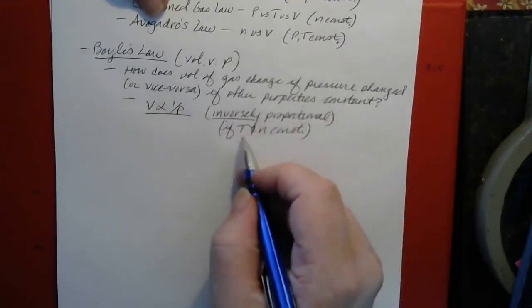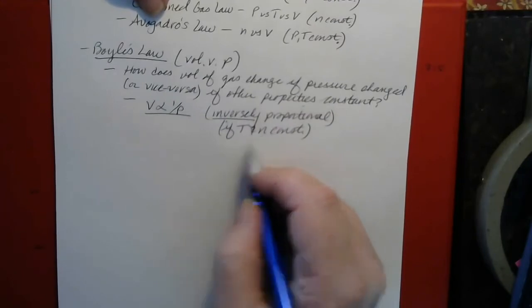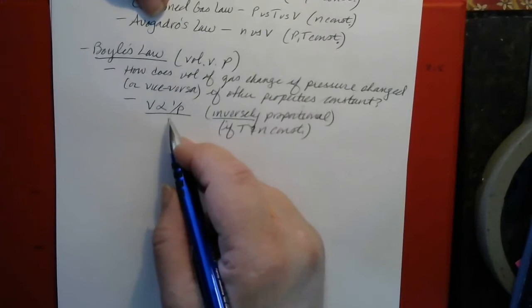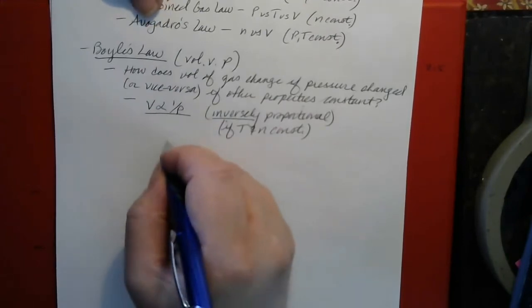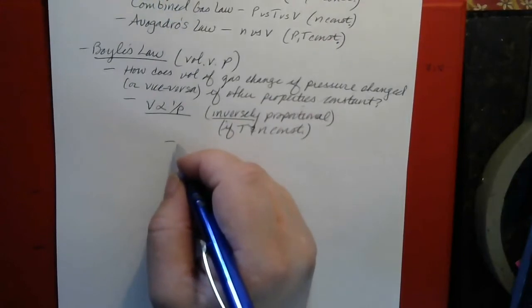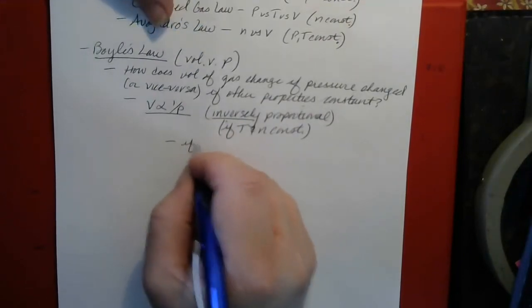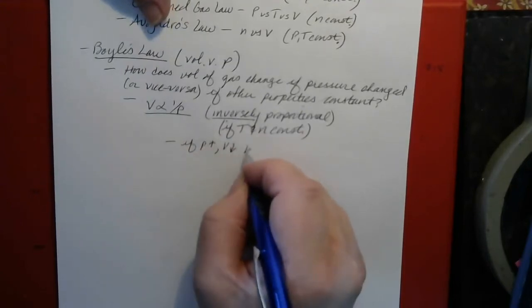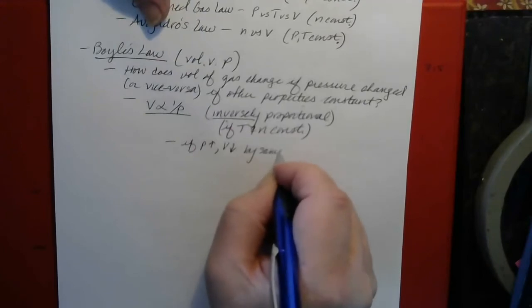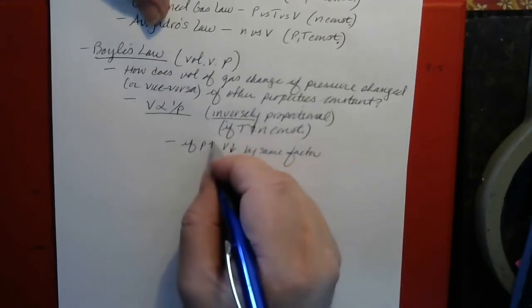Because if you start changing the temperature or start changing the number of gas molecules you've got, well, that'll certainly mess up the relationship between volume and pressure. And what this means is that if the pressure goes up, the volume goes down. And it goes down by the same factor.